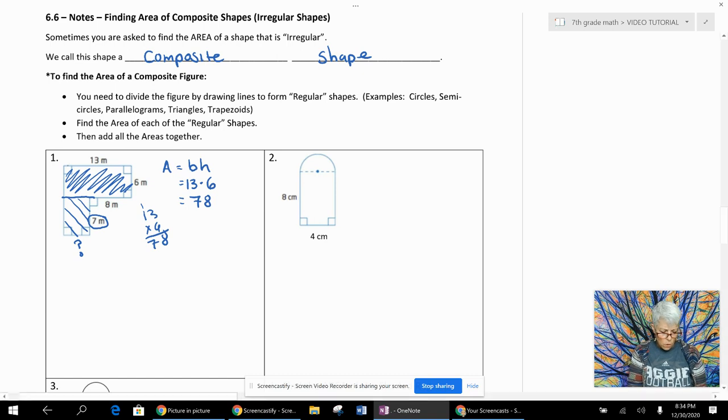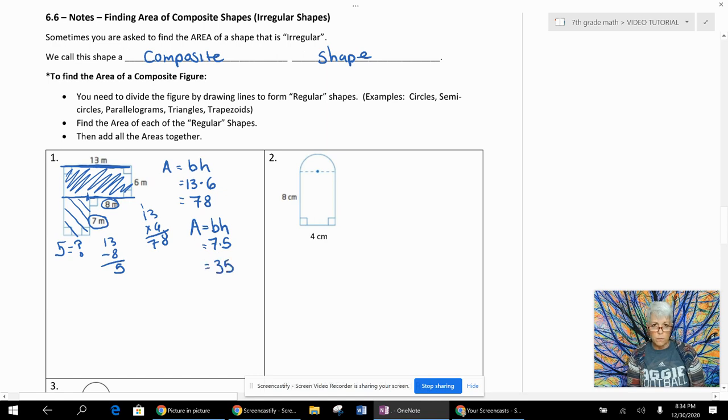If this whole line is 13, and this little teeny part right here is 8, to find this part I'm going to go 13 minus 8, and I'll get 5. So that means this is 5. It's 7 times 5. All right, area, base times height, 7 times 5. The answer to that is 35.